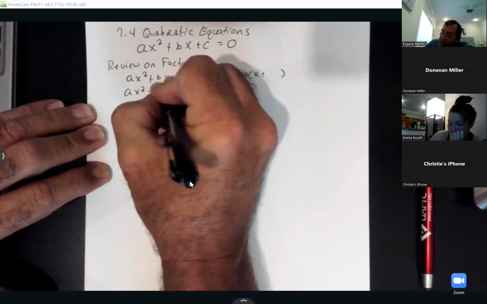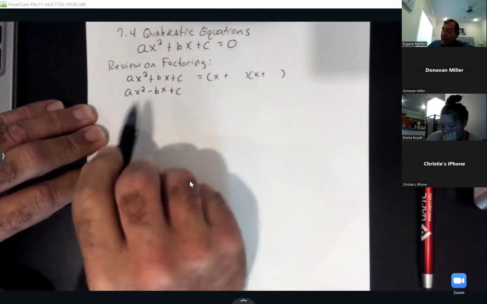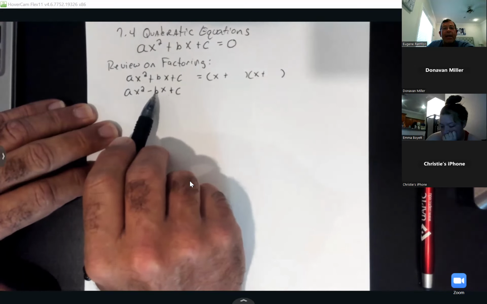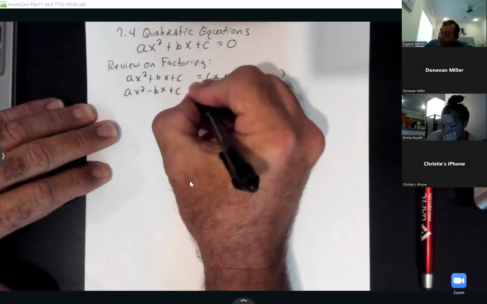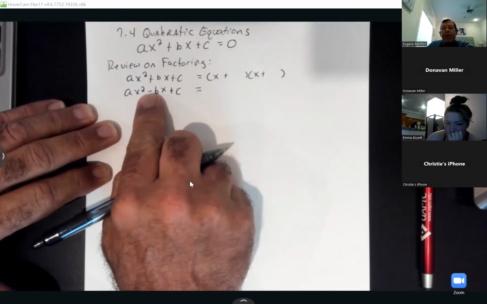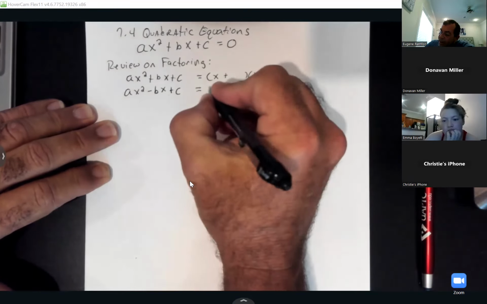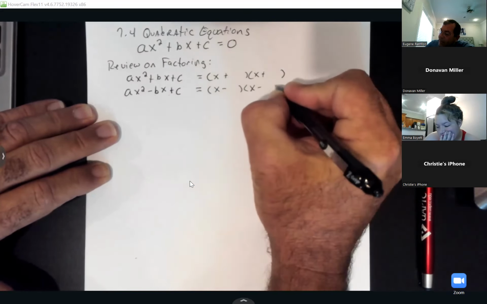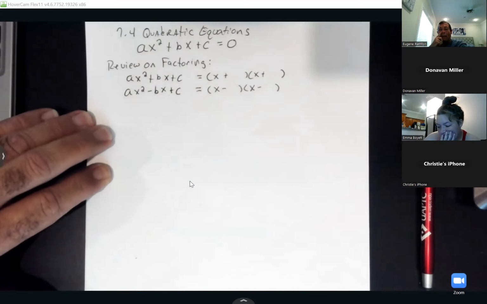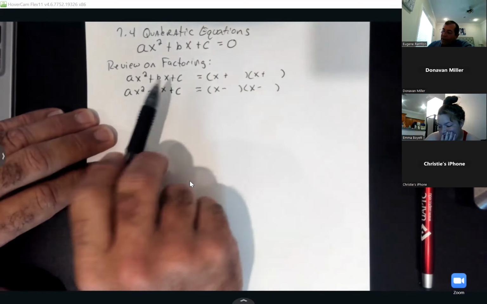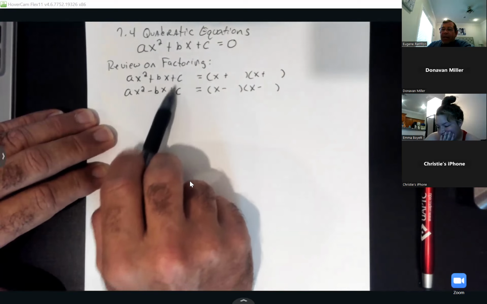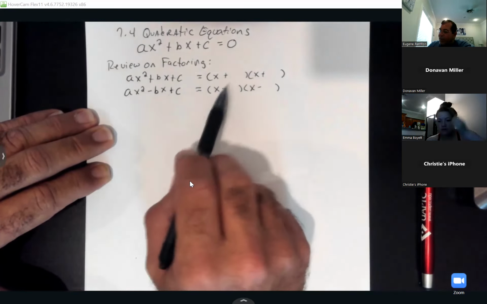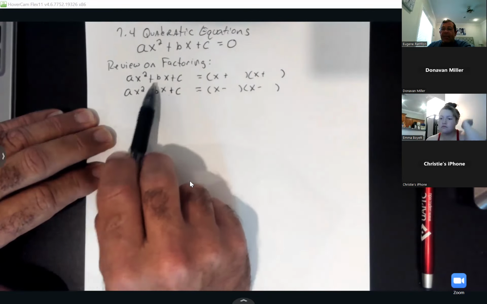If the middle number's negative and the last number's positive, so notice my negative B in the middle. If I have a negative number in the middle and a positive number at the end, both these factors will be negative. So notice if the last number's positive, like the C's on both of these, both of these factors will have the same sign as that middle number.